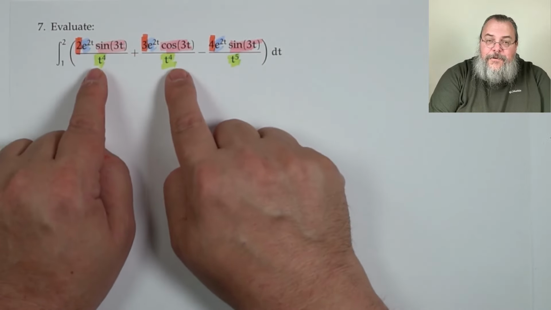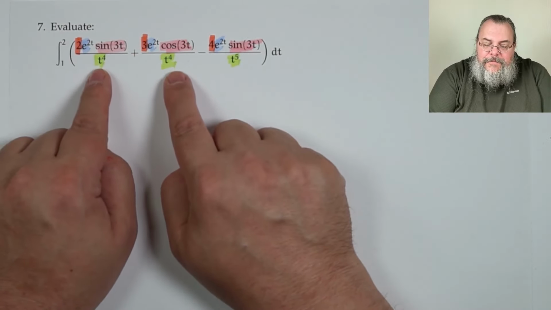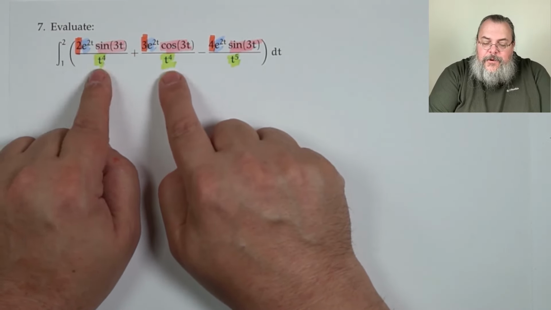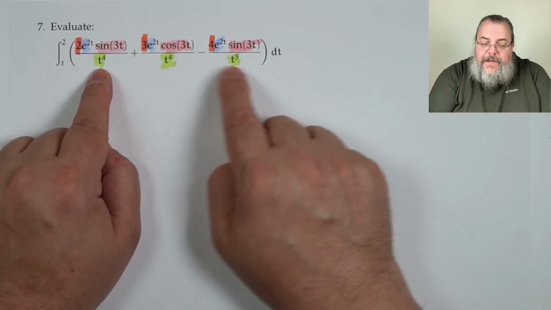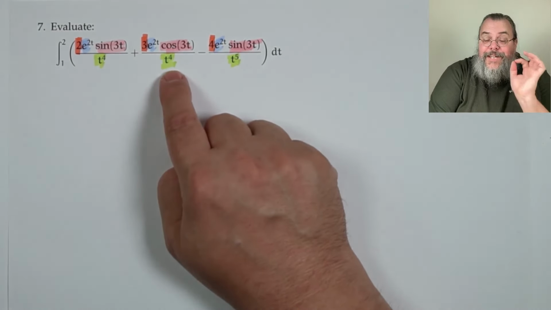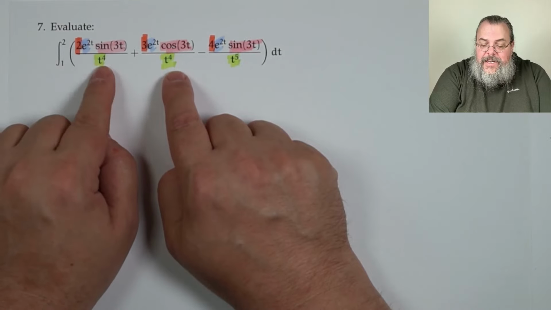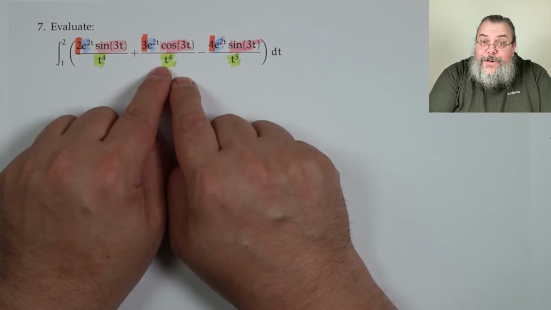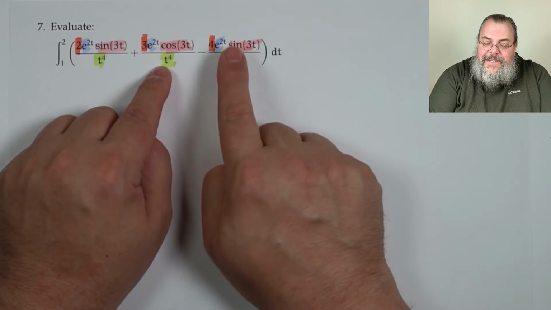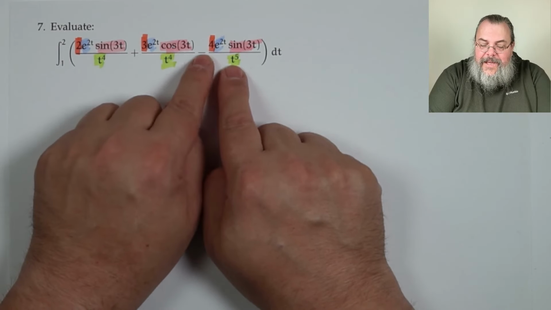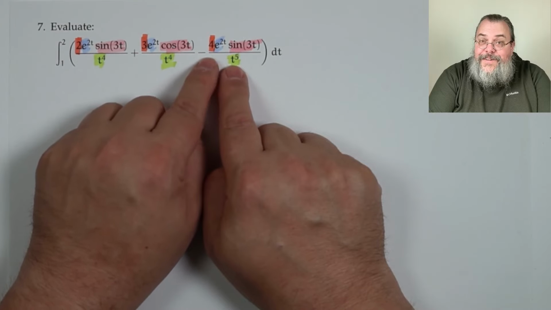Look at your t to the fourth. You have a t to the fourth, a t to the fourth, but here you have a t to the fifth. Now, I said t to the fourth. It's really, downstairs, t to the negative 4. So it looks like a t to the negative 4, a t to the negative 4. What's the derivative of t to the negative 4? It's negative 4 t to the negative 5. So see that minus also fits in.